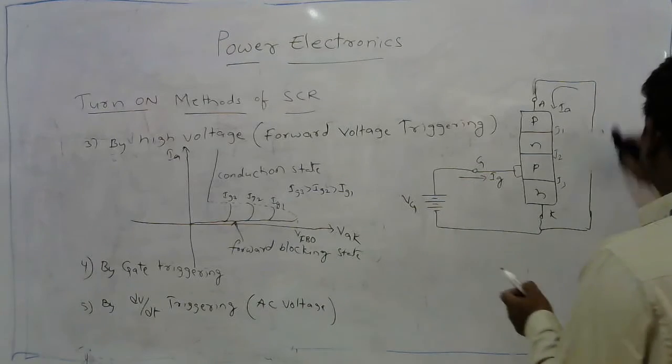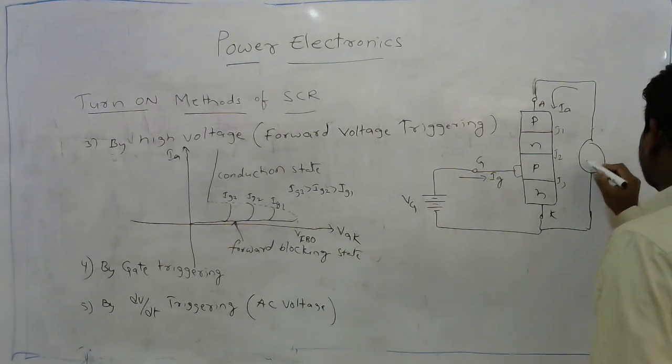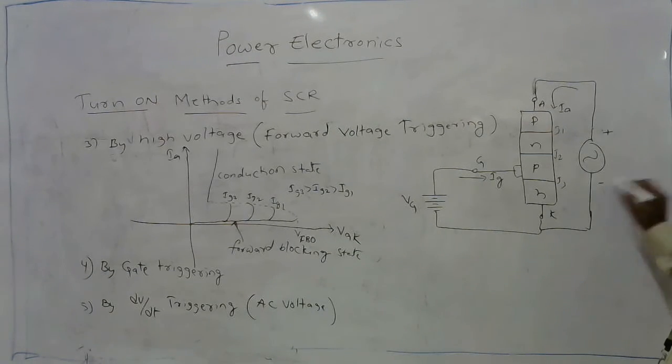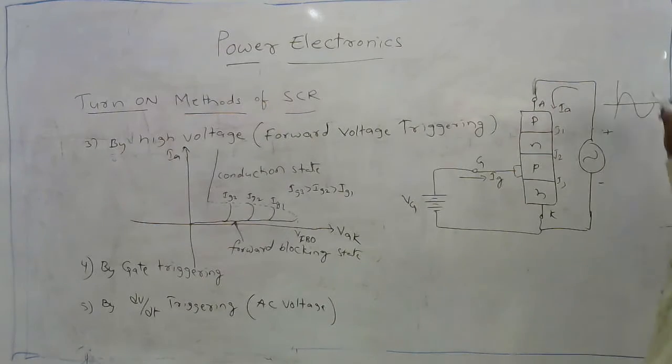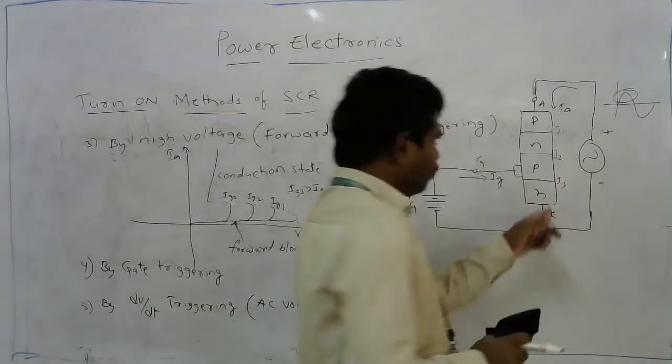But when we apply the AC voltage across this anode and cathode, then what happens? AC signal is applied like this. During the positive half cycle, only then anode current will flow.